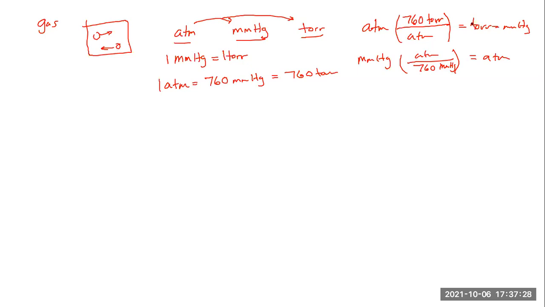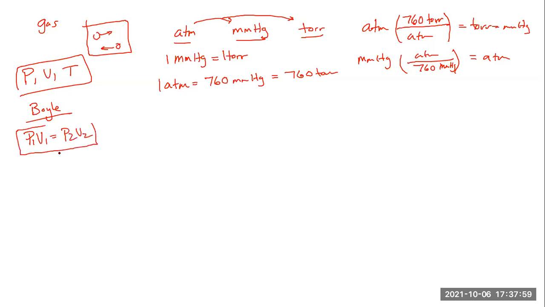We then started talking about some of the gas laws. When we talk about gas laws, there are three variables that we look at: pressure, volume, and temperature. In some of these gas laws, we keep one constant and vary the others. We first started out with Boyle's law, which is P1V1 equals P2V2.